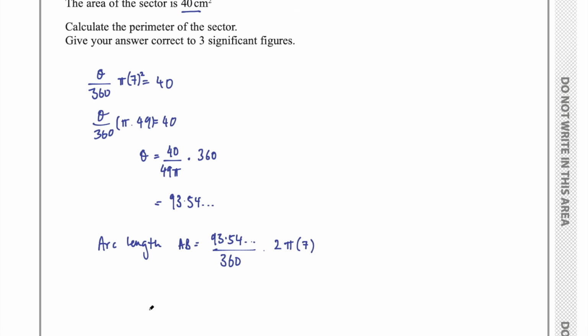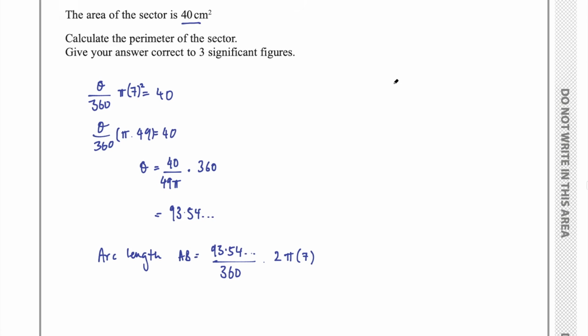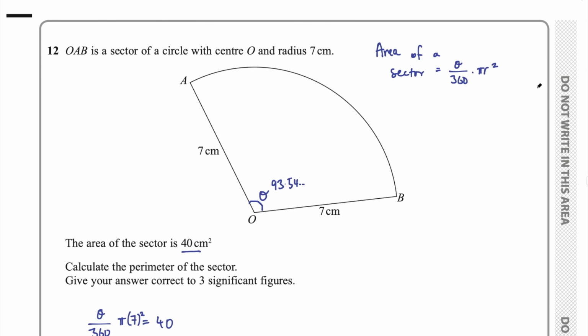So that's something else you need to know for GCSEs. You need to know the area of a sector, and you also need to know arc length, which is very similar. It's theta on 360 times the circumference, which is 2 pi r.